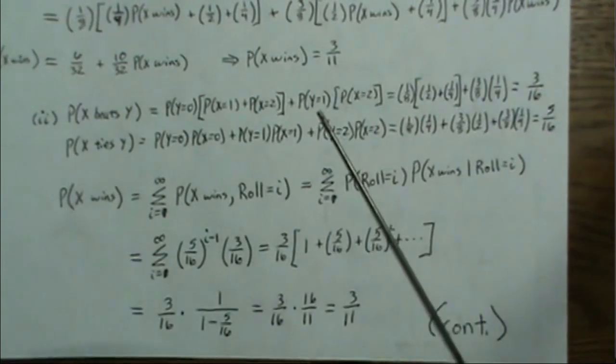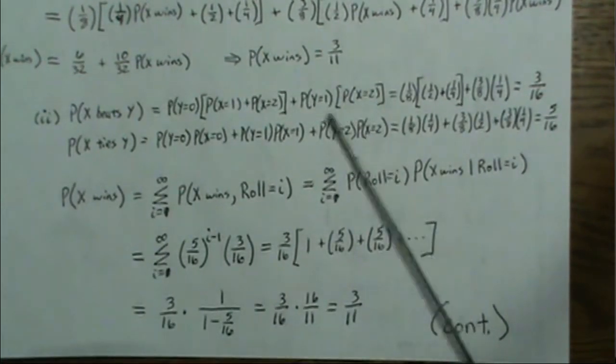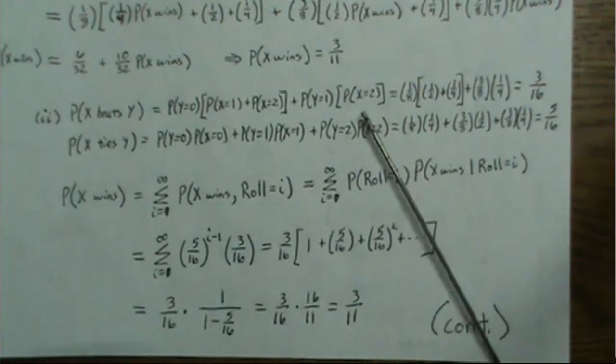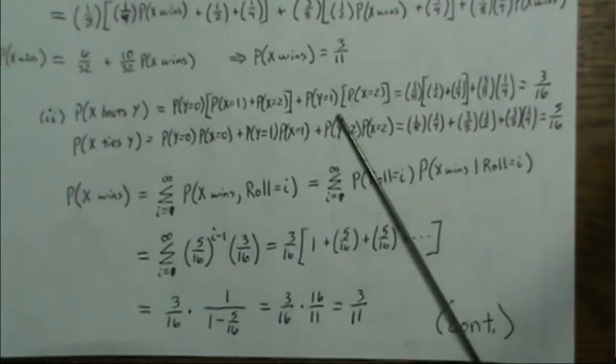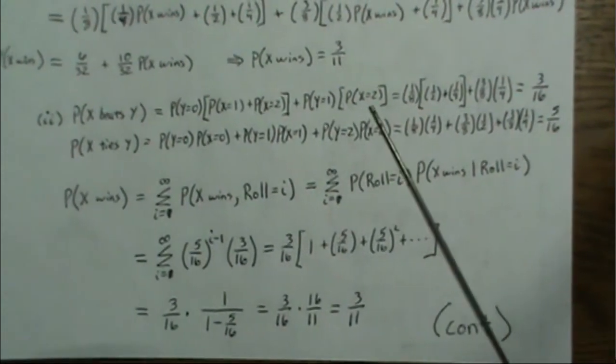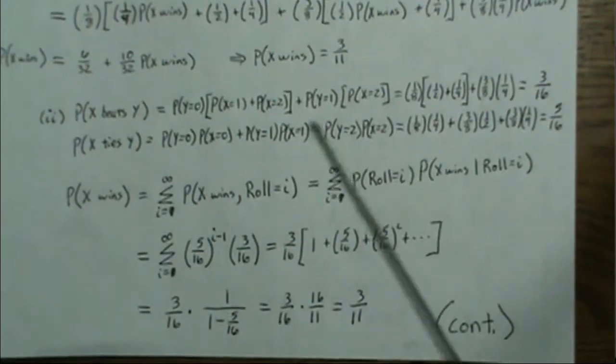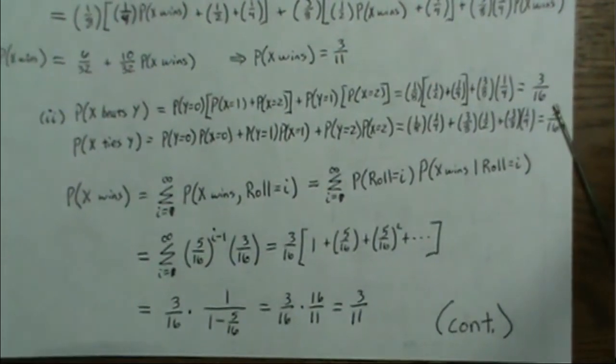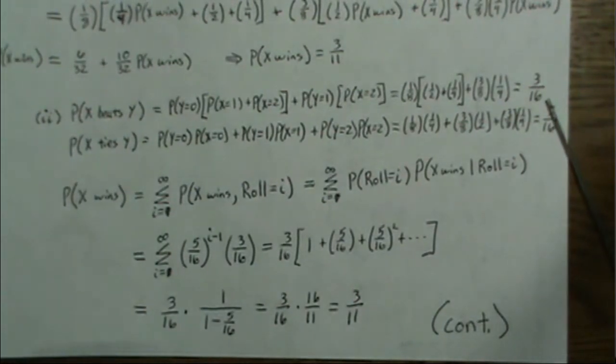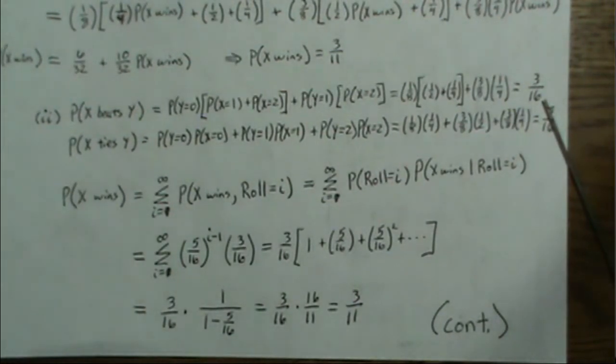If Y rolls a 1, X has to have a 2. And those are the only possibilities, because if Y rolls a 2, then we can't flat out win. If he rolls a 3, then we can't win. So this is the probability that we definitely win on any given roll.